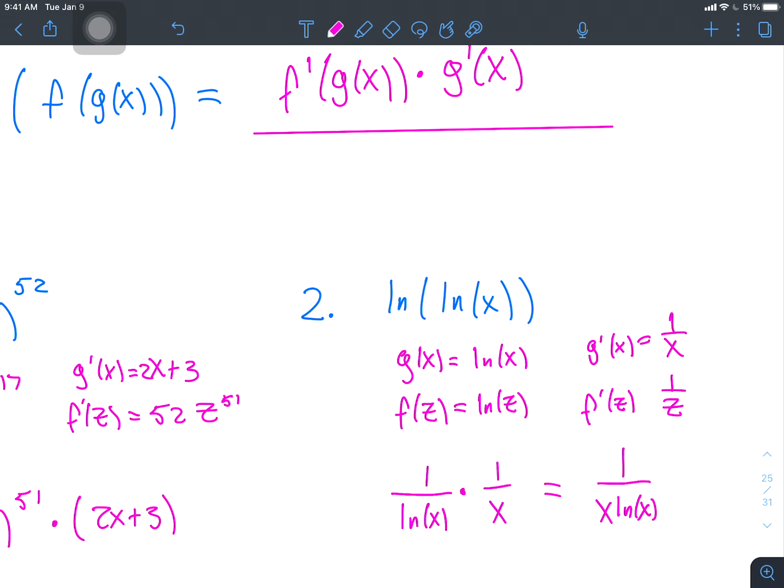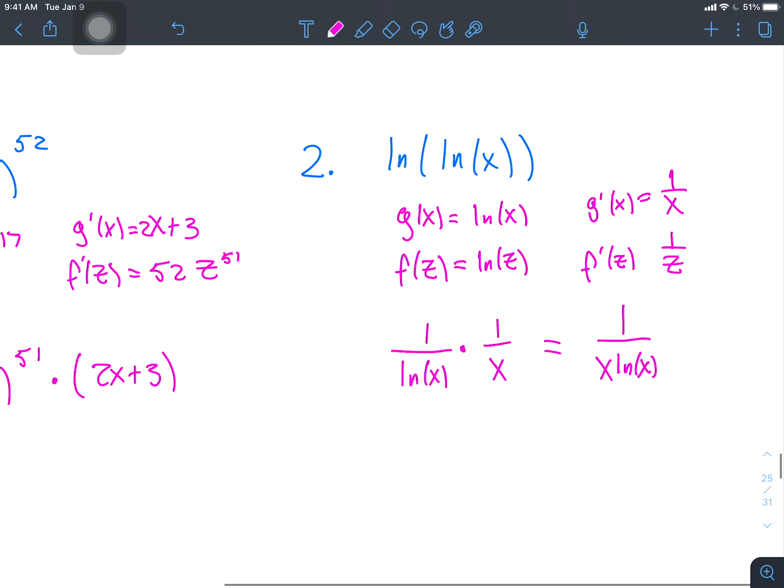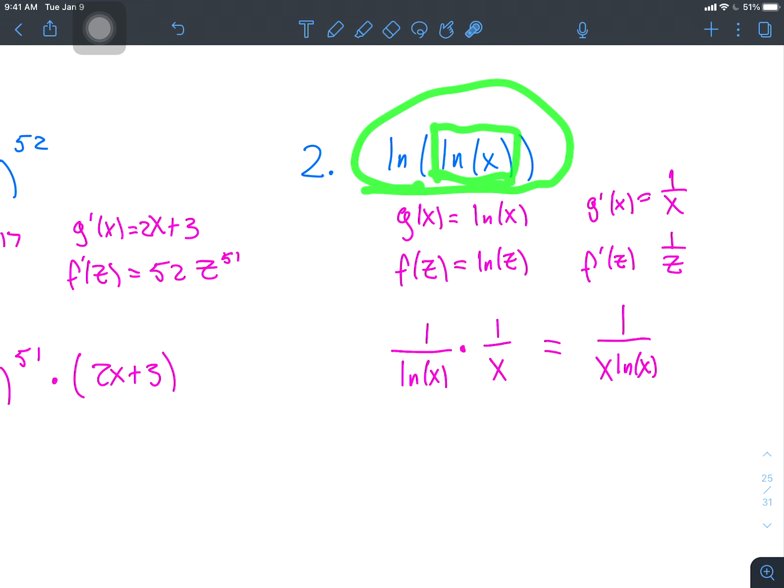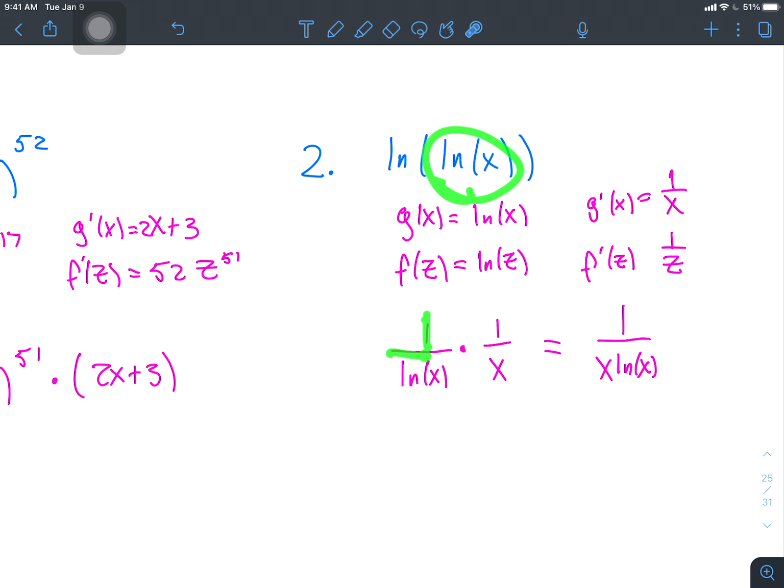Okay? So that's how I do that one. So you'll notice, again, the form here, I can see that the inside function is ln x. So if I wanted to skip to the end, what would I do? I would recognize that the inner function is just going to be left alone while I do the derivative of the outermost function. So I do just 1 over whatever's inside, which is ln of x. And then what do I need to do?